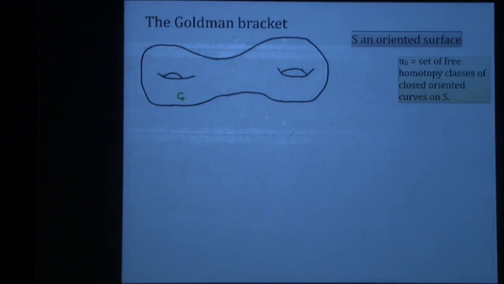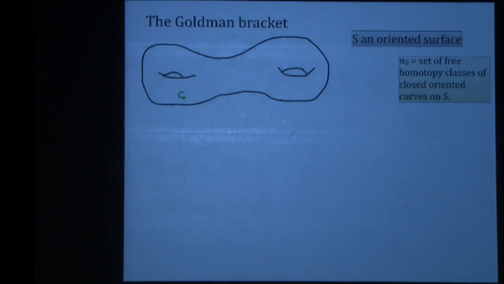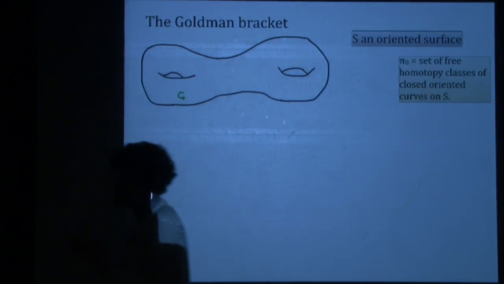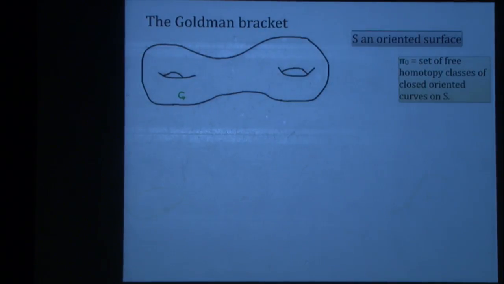Some of you know the fundamental group, which is classes of based homotopy, and it's a group. This is a set. A group is a set with a structure. This is a set, up to now, no structure. And I'm going to give you a nice structure, meaning there's going to be an algebraic operation satisfying nice identities.